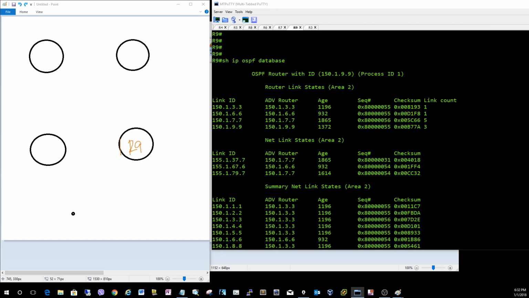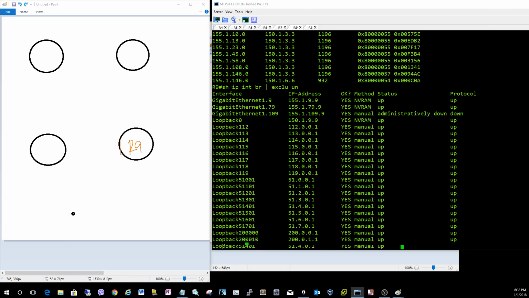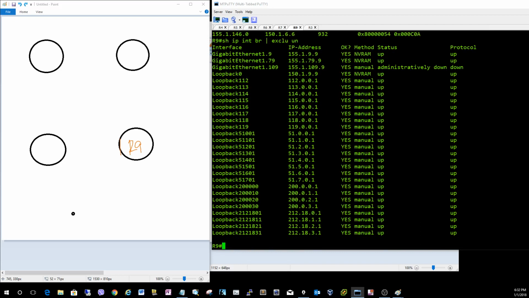It can be as weird as 255.255.255.254. If we check this particular router with show ip interface brief, piped to exclude unassigned, and look at the IPs on this router, you will notice, as I said earlier, the router ID is normally taken from the highest loopback IP assigned on the router.